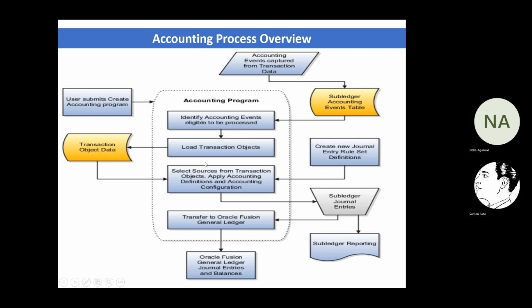Yeah. So what FAH has done, it has replaced the legacy accounting systems, programs, and provided a rule-based accounting engine to generate accounting entries. FAH integrates the product system to Oracle General Ledger.